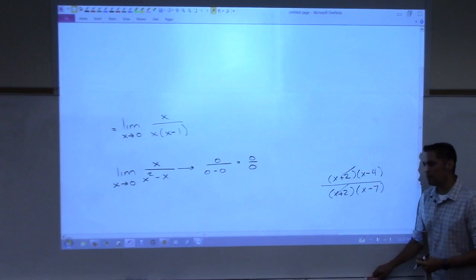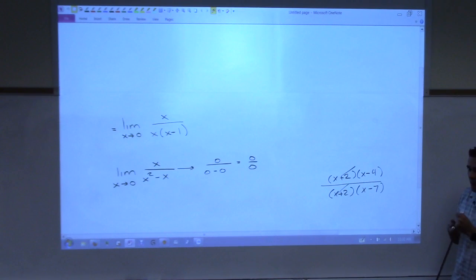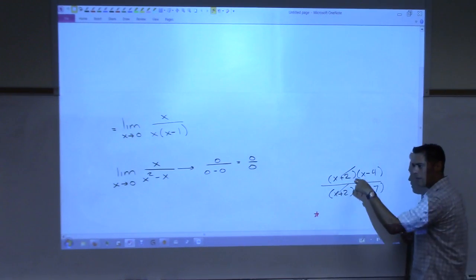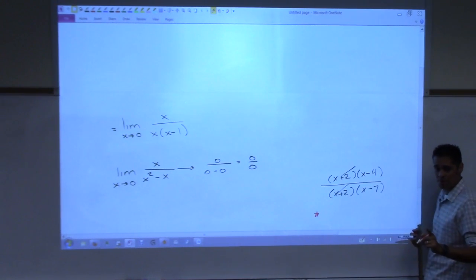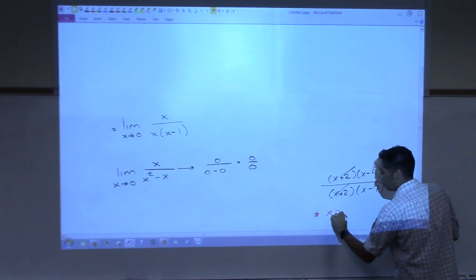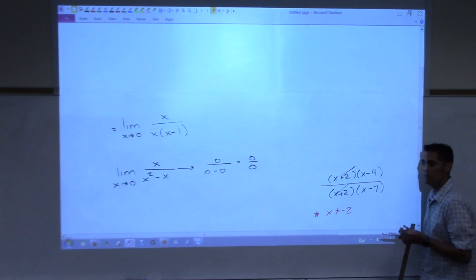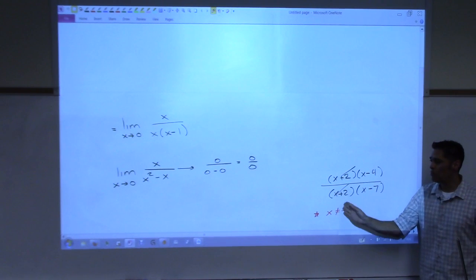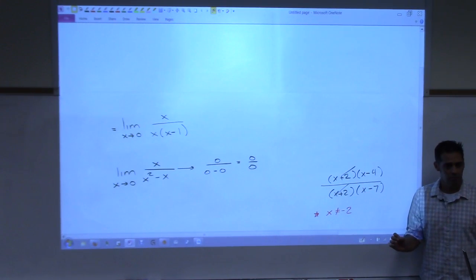There was always a little asterisk that you had to have mentally when you did this. And that's, you're only allowed to cancel these if you promise me that x will never be negative 2. All right, that is not stressed a lot when you're in college algebra. You can only cancel factors if you guarantee me neither one of them will ever be 0.